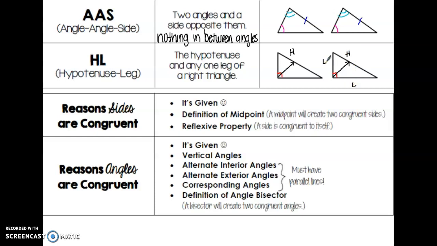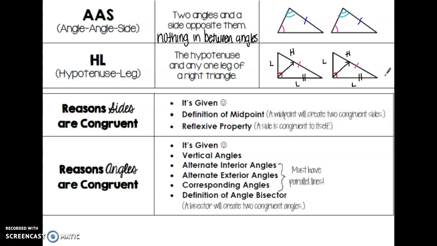So this is a leg, that is a leg, this is a leg, that is another leg. So remember we said 1 hypotenuse has to be congruent, so we have to have matching number of marks there, as well as 1 leg. So I'm going to say these 2 legs are congruent.